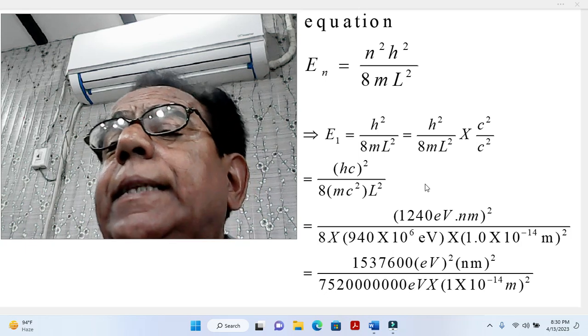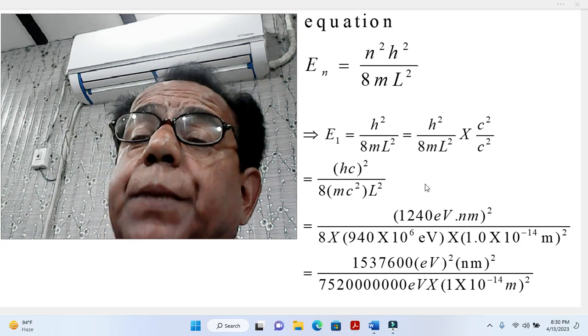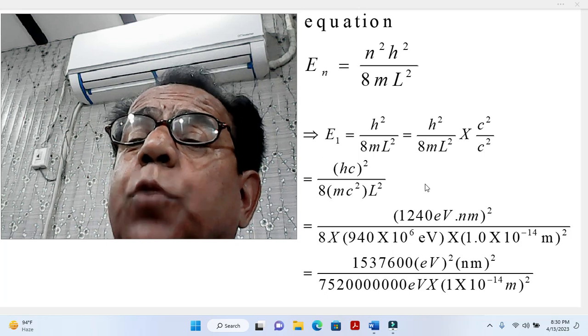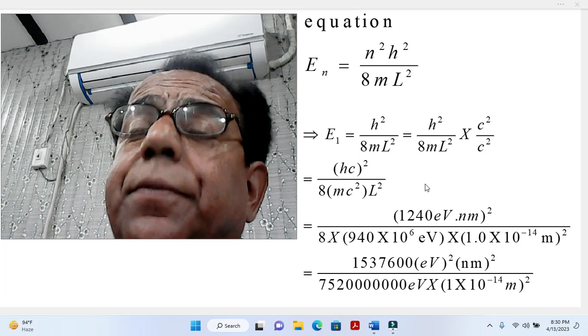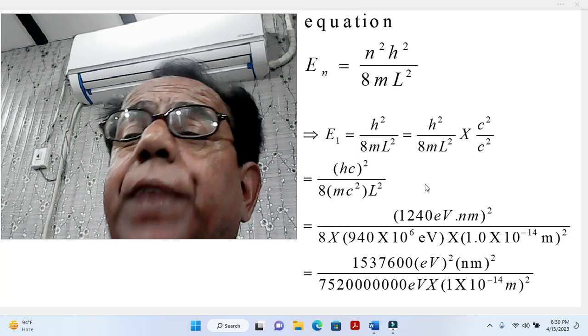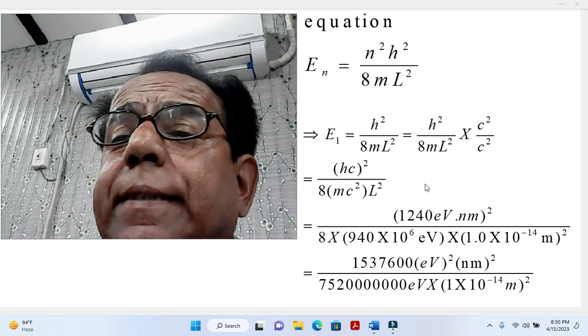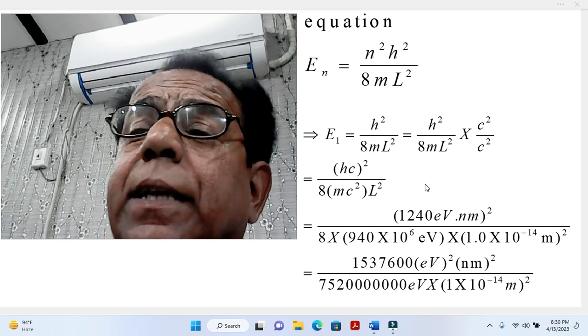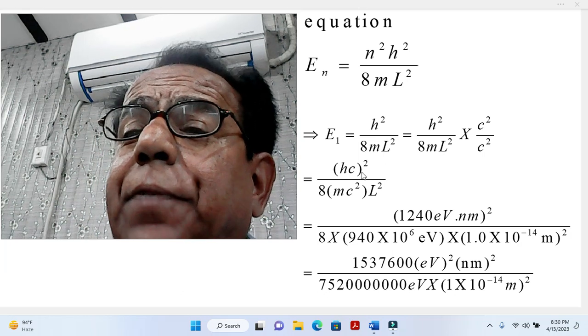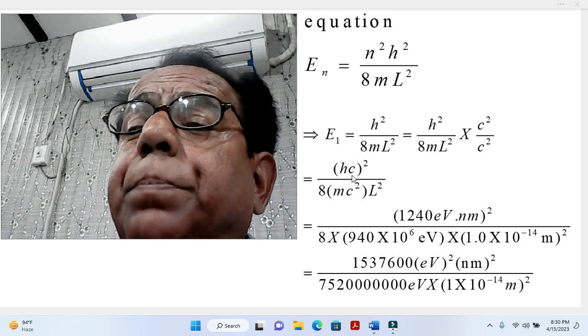In the next step we have used the value of hc which is given in our tool number 3 as a combined value. Values of h and c are also given separately and also combinedly. We have chosen the combined value of hc from tool number 3.